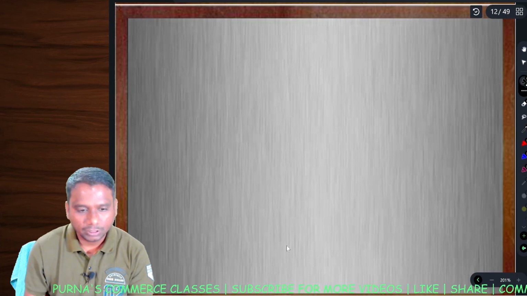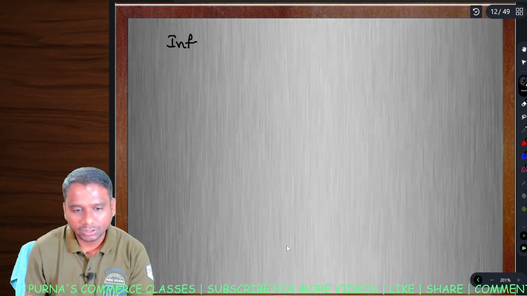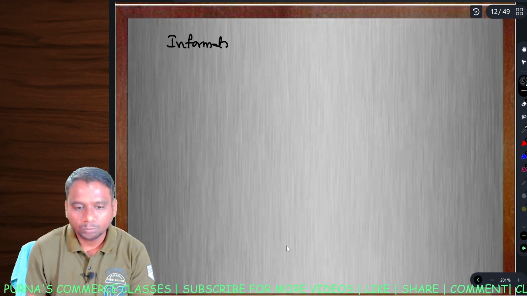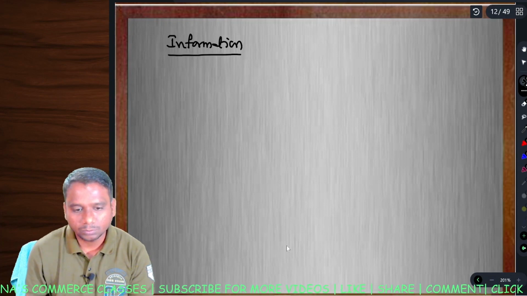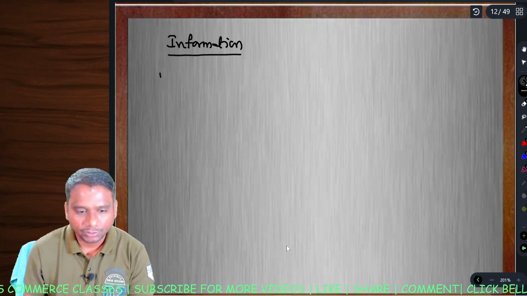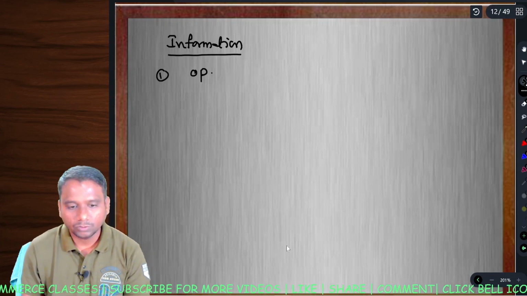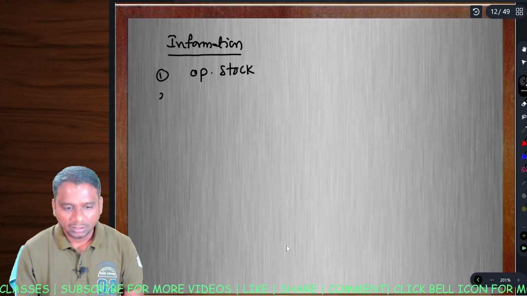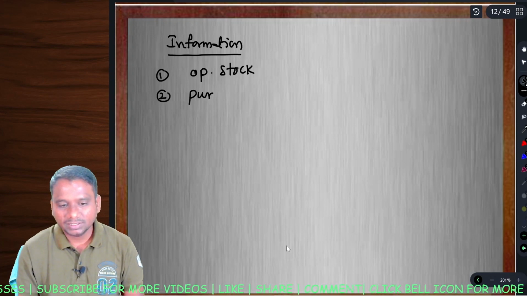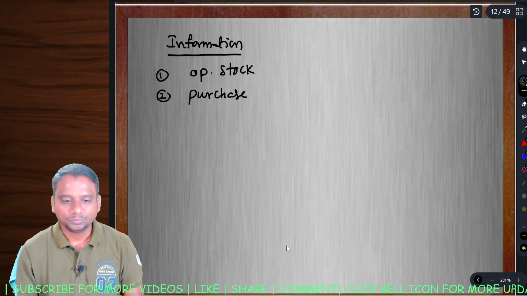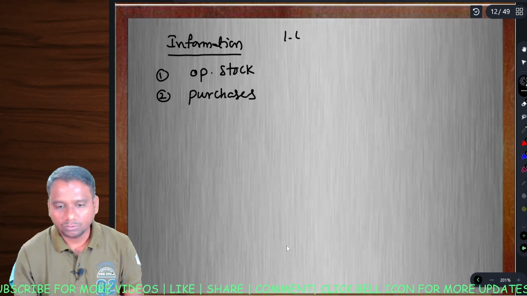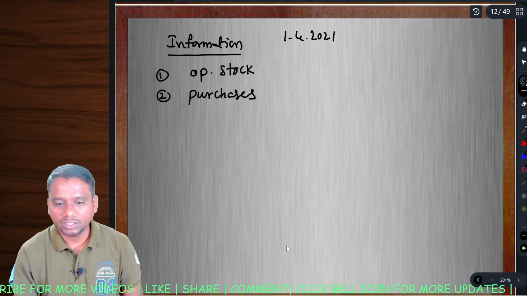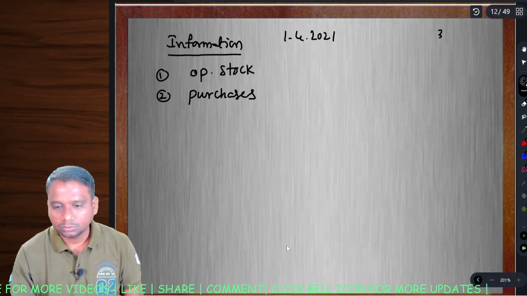Now tell me, which information do you need to complete the problem? First, opening stock information. Second, purchases information. Let us assume our financial year is 2021 to 31/3/2022.